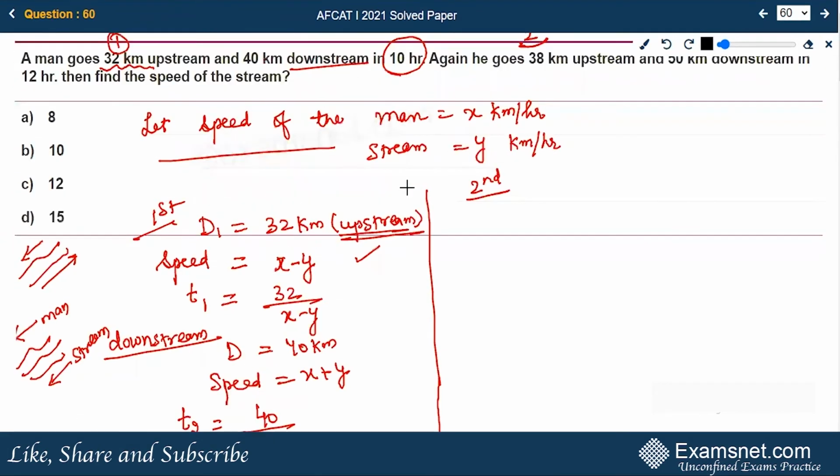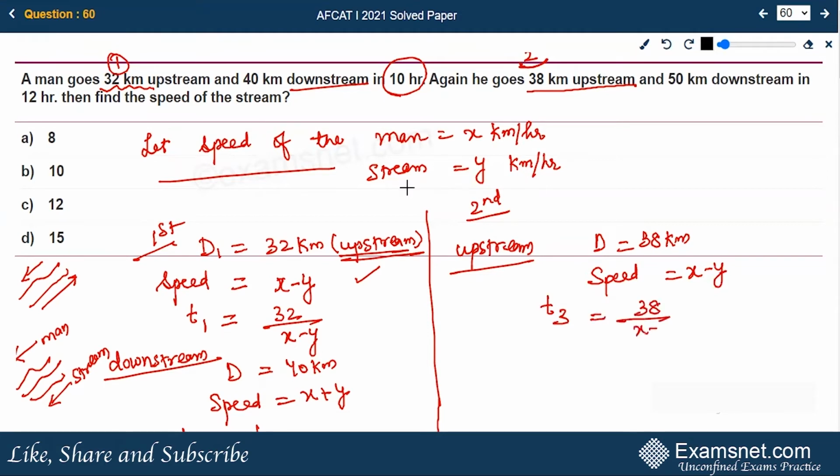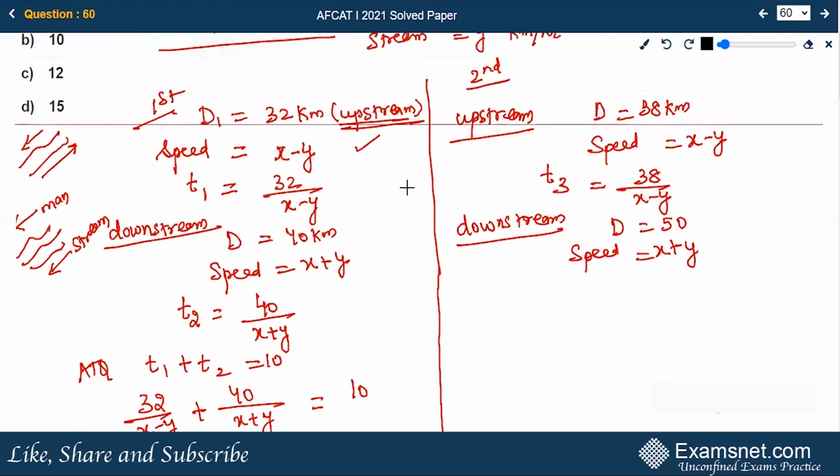Now let's go to the second situation in which he travels 38 kilometers upstream. So for upstream, distance traveled is equal to 38 kilometers. Speed, obviously again the speed will be x minus y. So the time taken now will be 38 divided by x minus y. For the downstream, distance traveled is 50 kilometers and speed, since it's traveling down, the speed of man and stream will add.